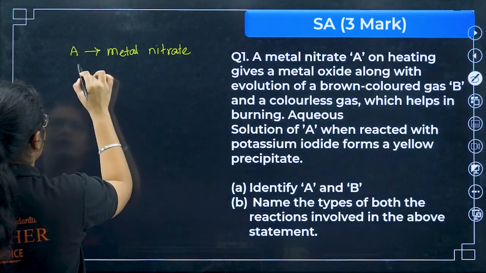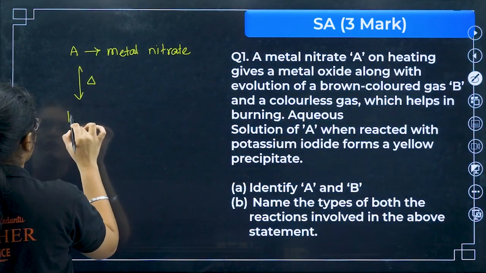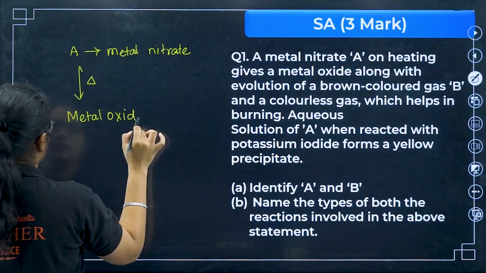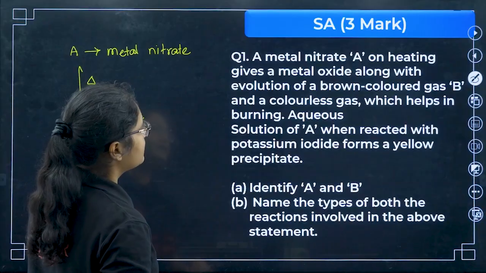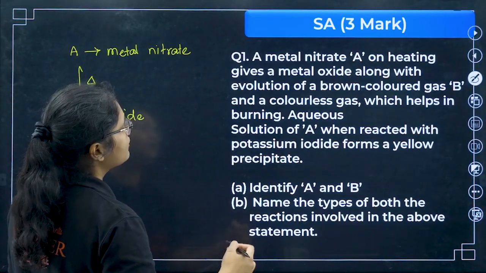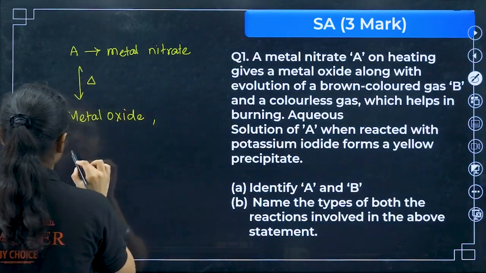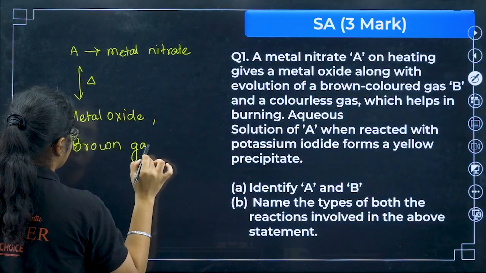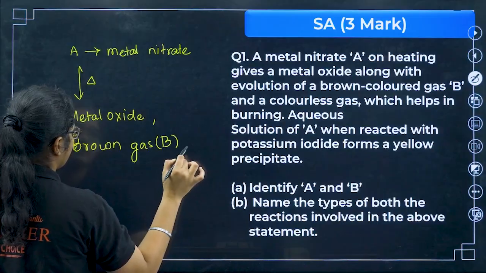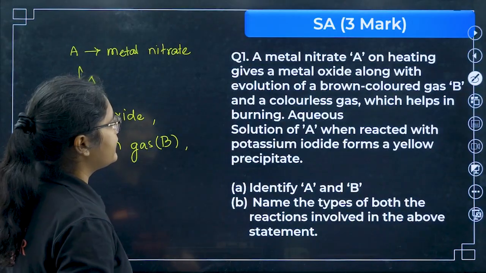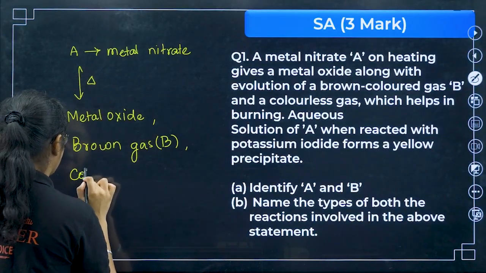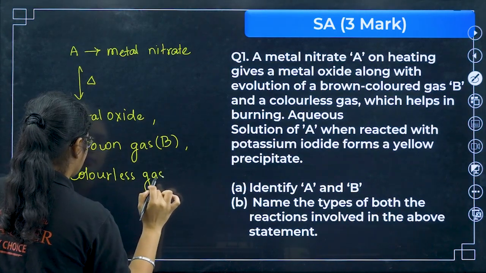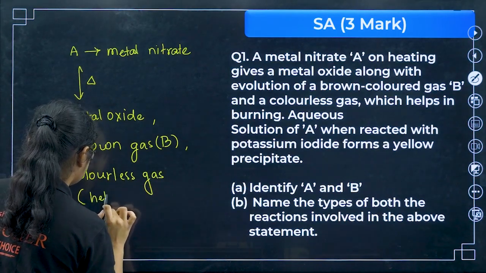So when you heat this one, you get a metal oxide, along with the evolution of a brown colored gas B, and a colorless gas that helps in burning.